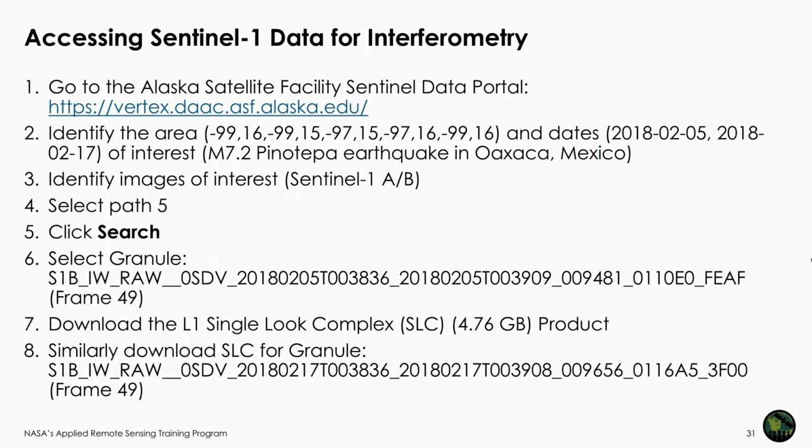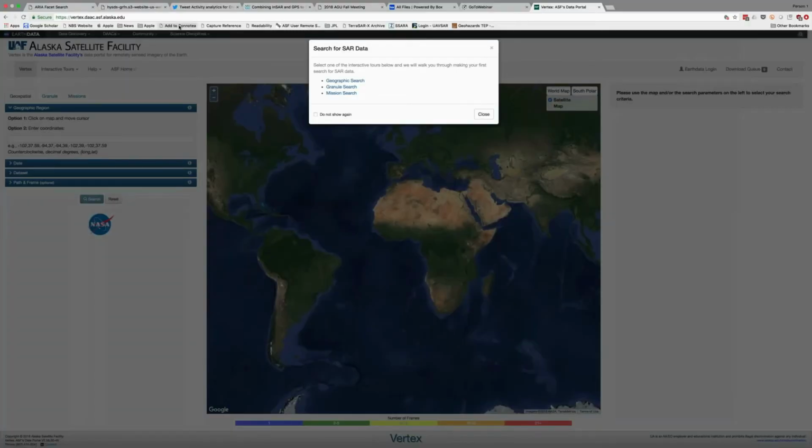So what we can do is go to the Vertex search tool at the Alaska Satellite Facility and search for the data. Okay, so as we go to the Vertex search tool at the Alaska Satellite Facility, this is the search tool that comes up.